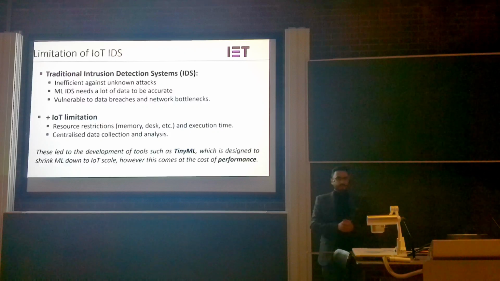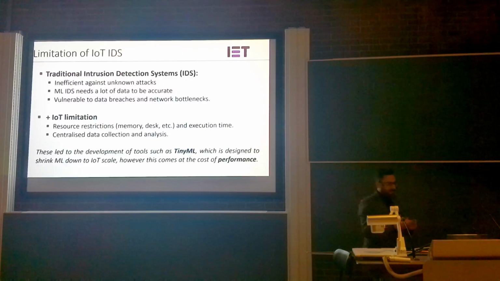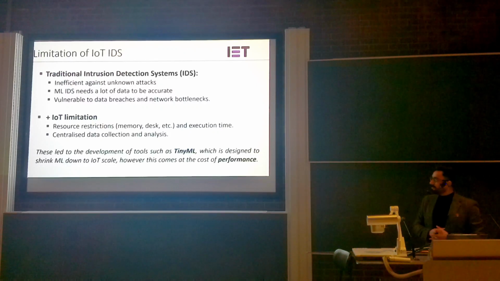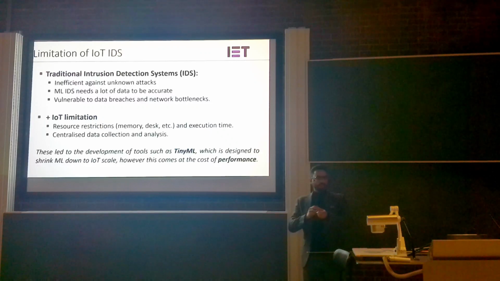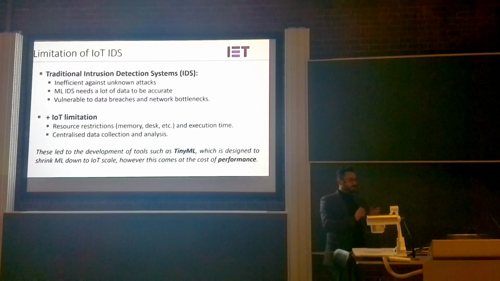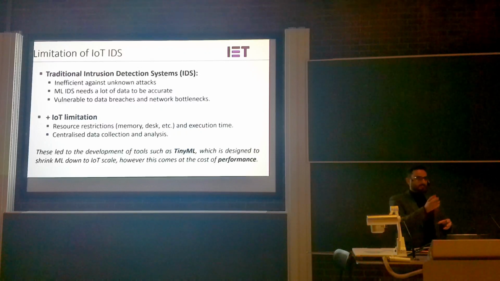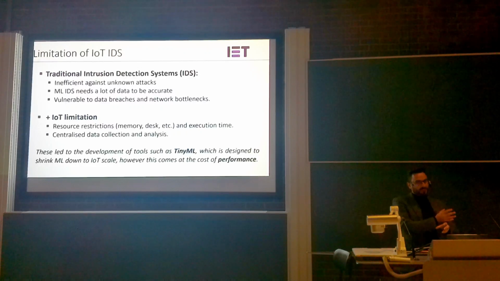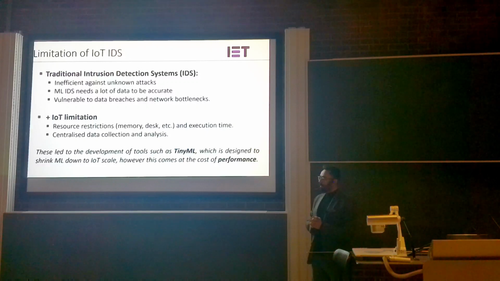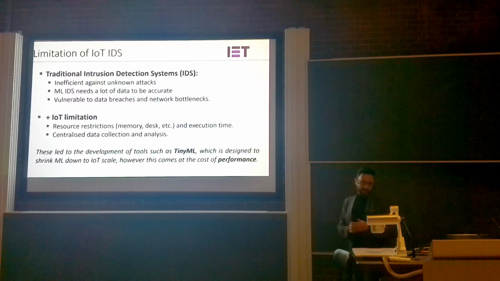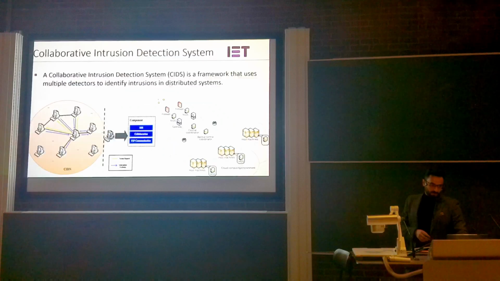But this has an effect on the performance of those models. Trying to manipulate the attributes or the parameters that you use to train them basically loses some data or useful information needed to build that model, and hence affects the performance.